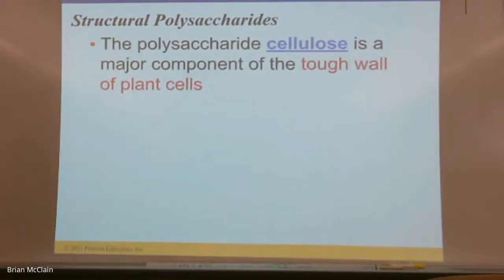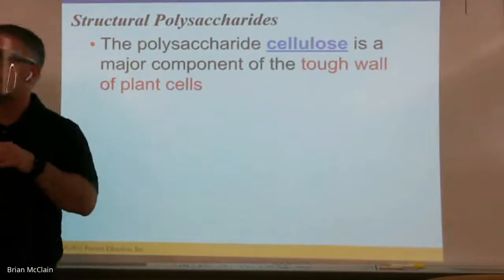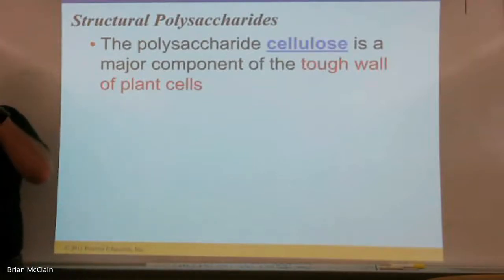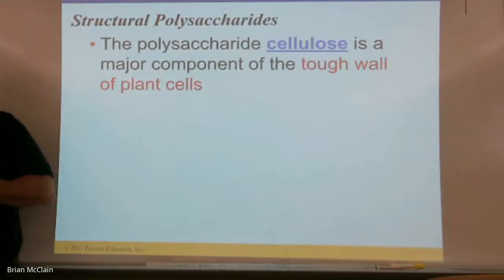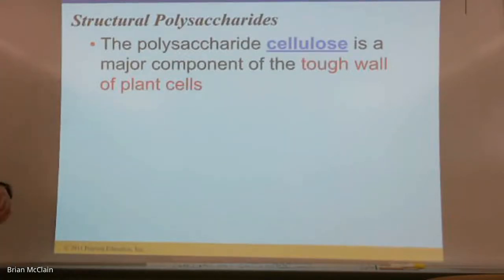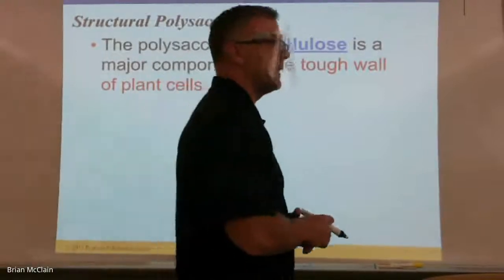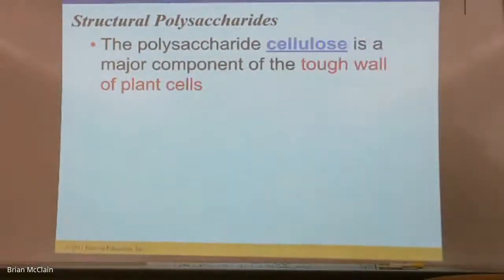You can definitely get a good perspective of cellulose if you took a piece of celery and you snapped it and you grabbed the little strings, right? That is a carbohydrate that helps build the cell walls for the plants, but it's not digestible by us. Okay, and we're going to talk a little bit about why that's the case.